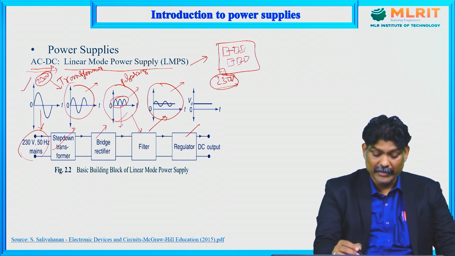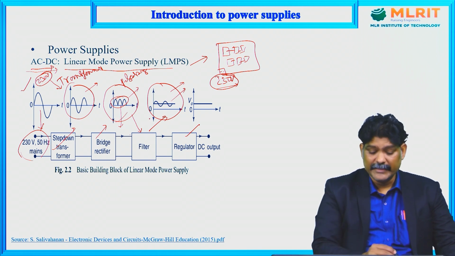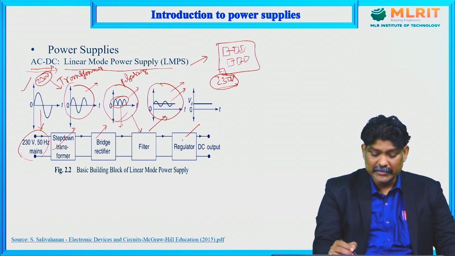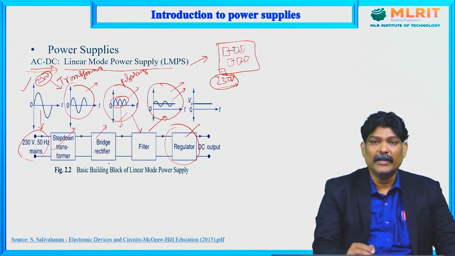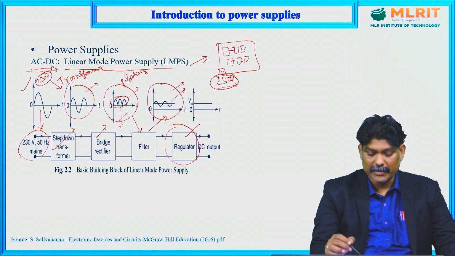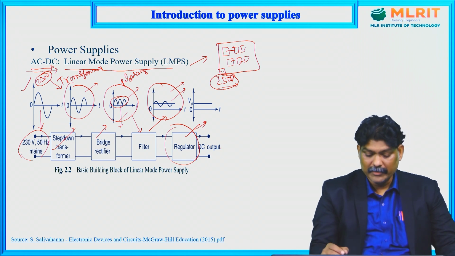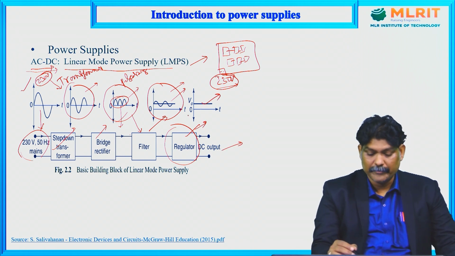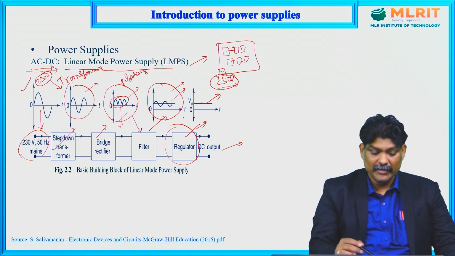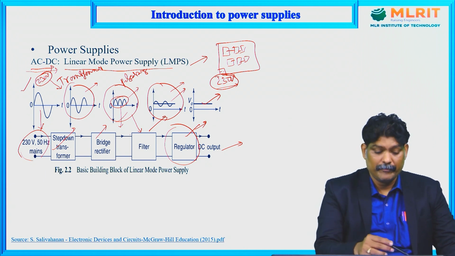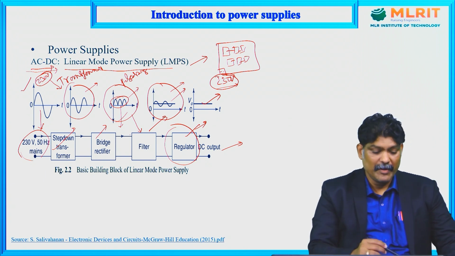Then you find the DC signal, and the voltage has to be regulated, hence we use the regulator circuit. Then you will find pure DC, the purest form of DC. So this is the overview, or block diagram, of a power supply.